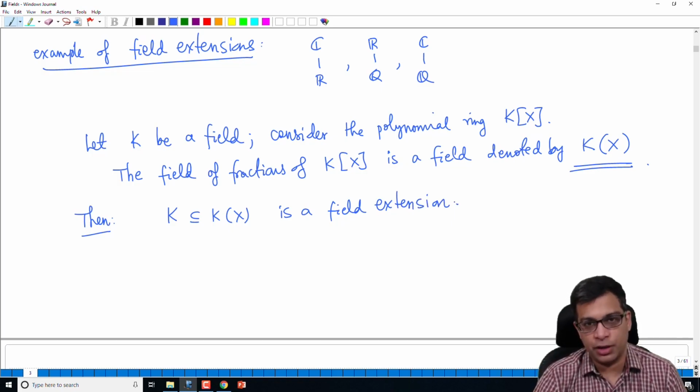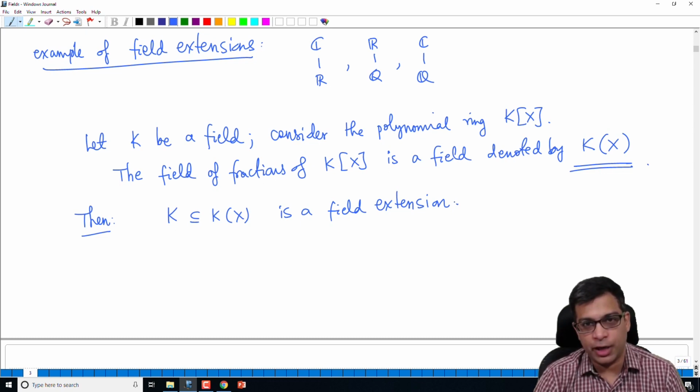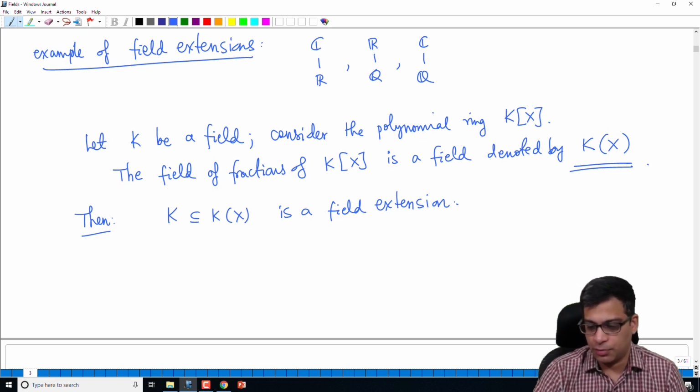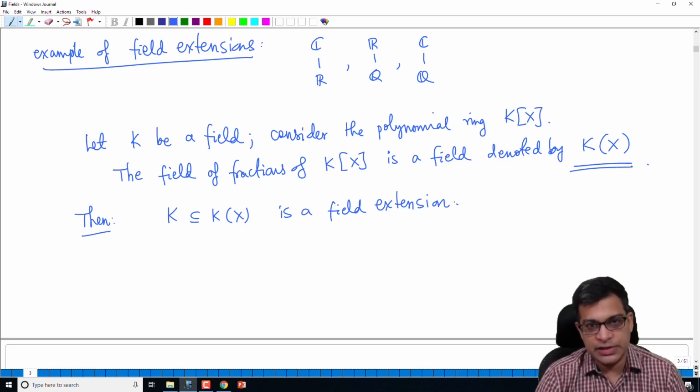So in particular we can consider Z mod pZ and include it in Z mod pZ (x). What is the typical element in K(x)? It will be of the form f by g, where f and g are polynomials in K[x]. So this is always a field extension, though if you start with Z mod pZ and you construct this new field, it's no longer going to be a finite field.